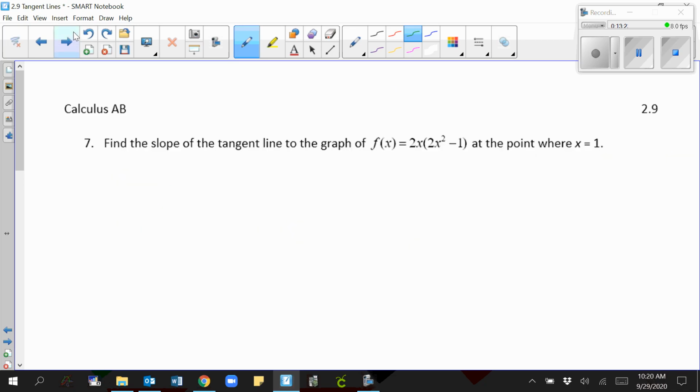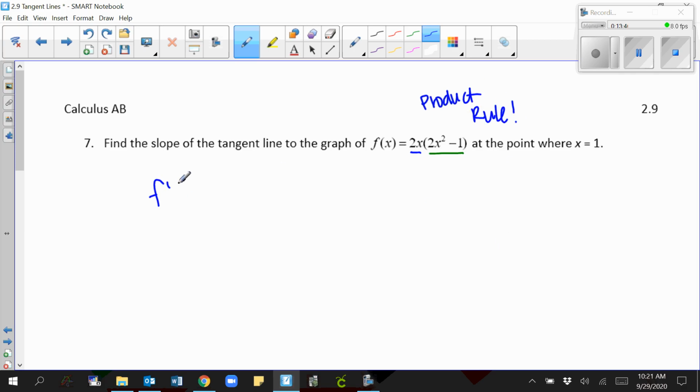All right, number 7, find the slope of the tangent line to the graph of, well, here's my f of x, at the point where x is equal to 1. So what I'm going to do right here is find my derivative and plug in 1. So I have 2x times 2x squared minus 1. This means that I need to use my product rule.